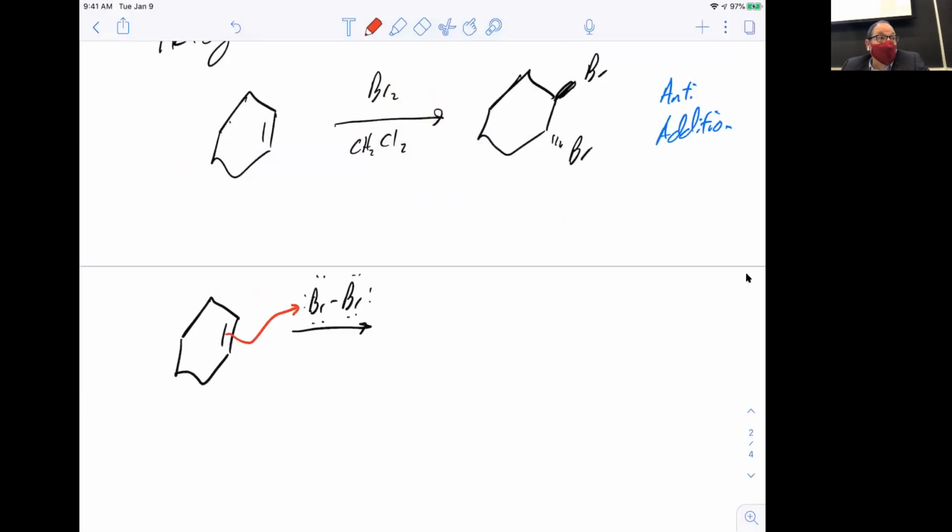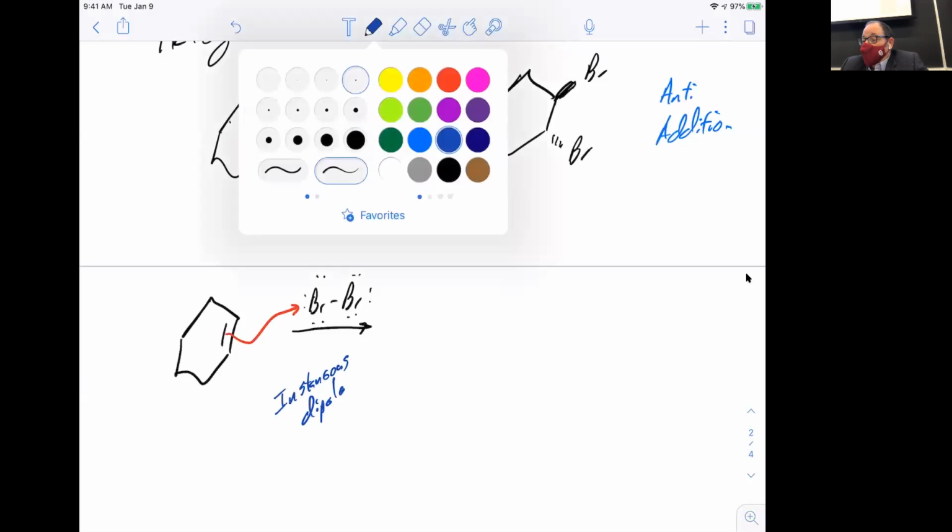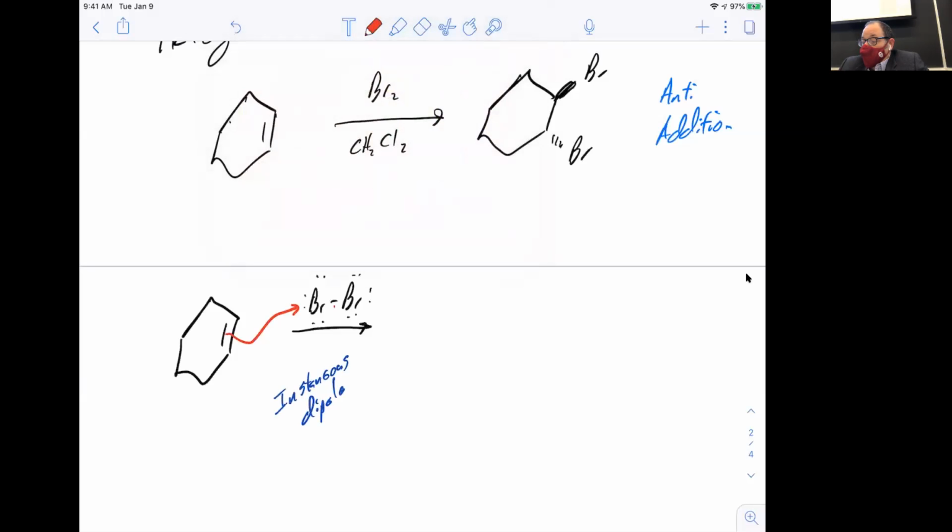So the bromine here has an instantaneous dipole, and we end up with a partially positive bromine. Now, like with the mercuric acetate, you get two things occurring at the same time.